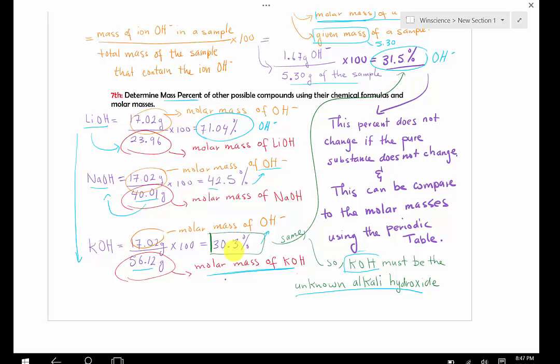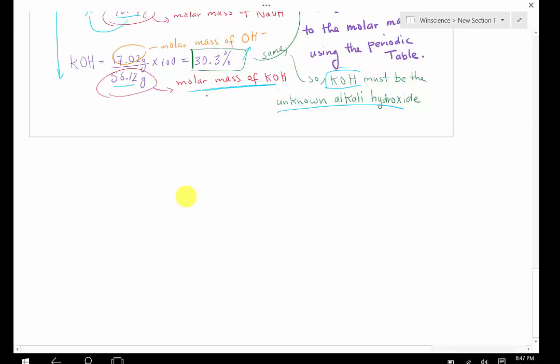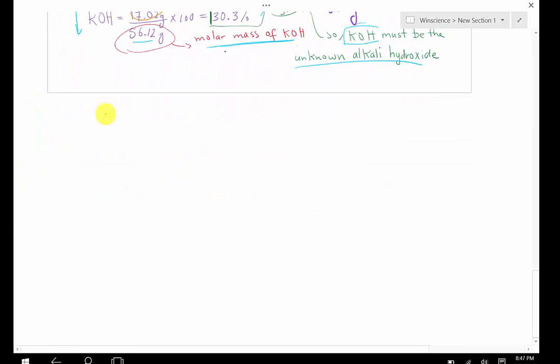I understand this is a very complicated process, so I'm going to draw a quick flowchart for you. First of all, we have our mass of unknown. And from our unknown, we have specific ions that we're looking for.